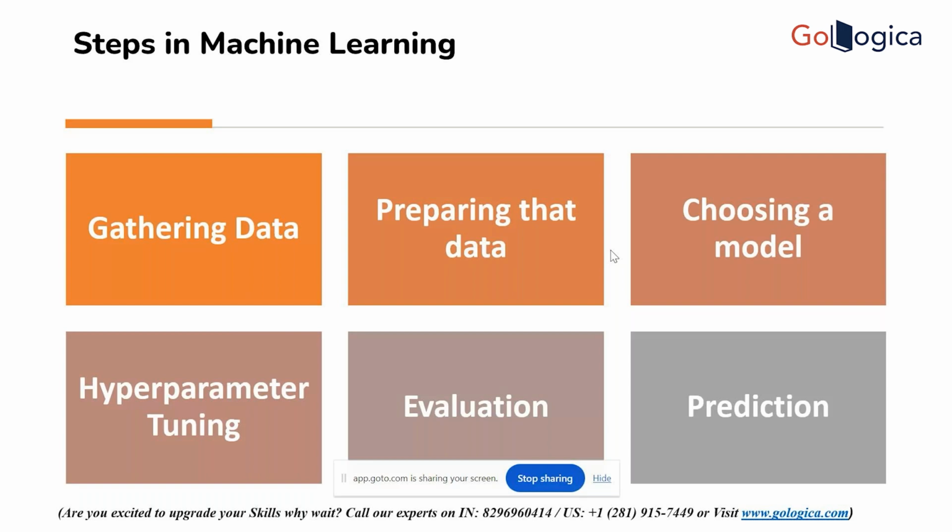Next comes preparing the data. Once we have the data, we need to bring it into the proper format and pre-process it. There are various steps involved in pre-processing, such as data cleaning. For example, if your data set has some empty values or abnormal values, for example a string instead of a number, how are you going to deal with it?